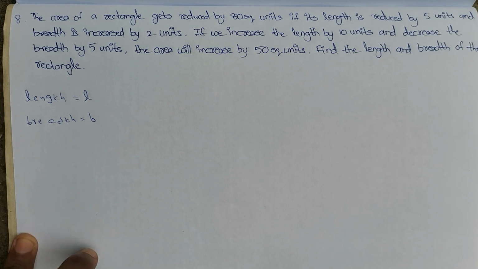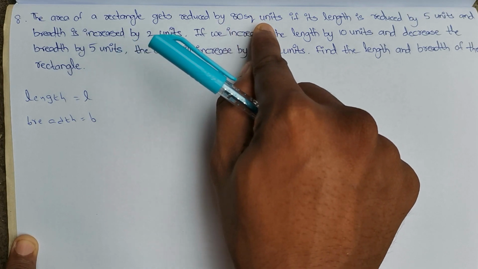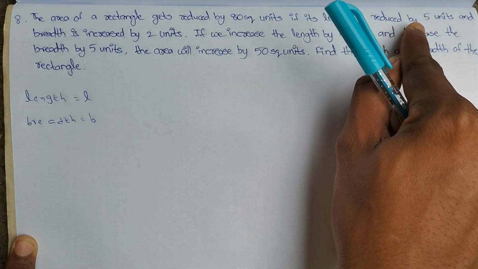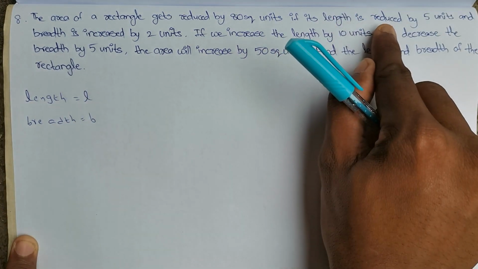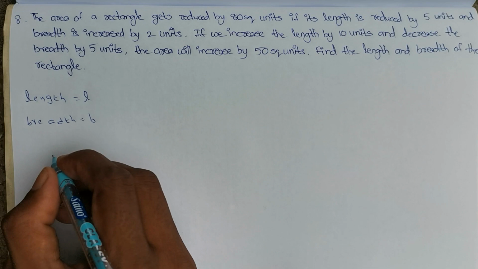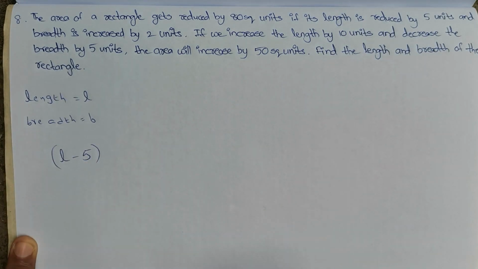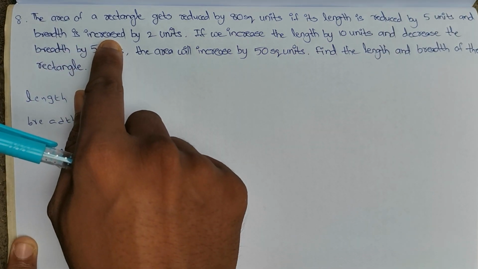So, okay, now come to the question. Area of a rectangle gets reduced by 80 square units if its length is reduced by 5. Original length is L, now it is reduced by 5. Reduced by 5 is nothing but L minus 5. And breadth is increased.